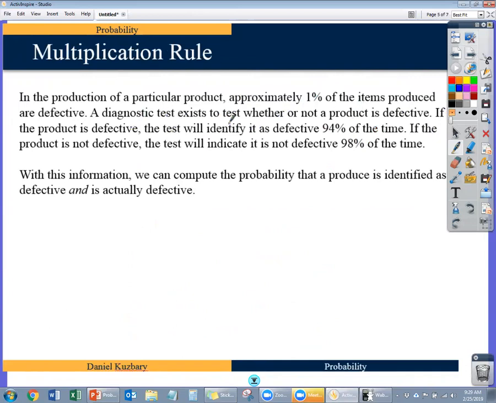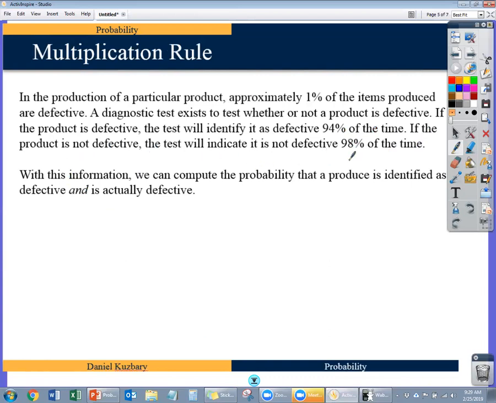A diagnostic test exists to test whether or not a product is defective. If the product is defective, the test will identify it as defective 94% of the time. So this test is going to be imperfect. But we know if the product comes out defective, the test is going to catch it 94% of the time. If the product is not defective, the test will indicate it as being not defective 98% of the time.